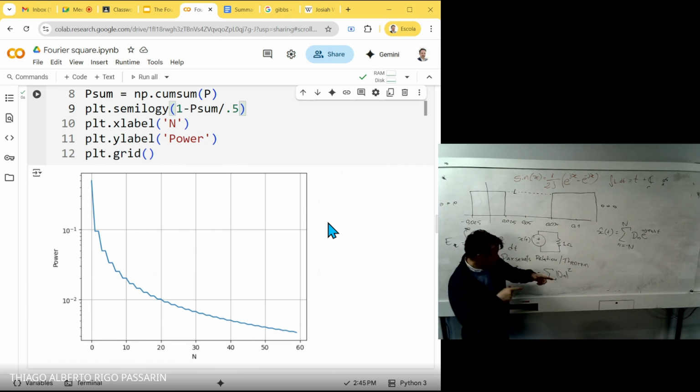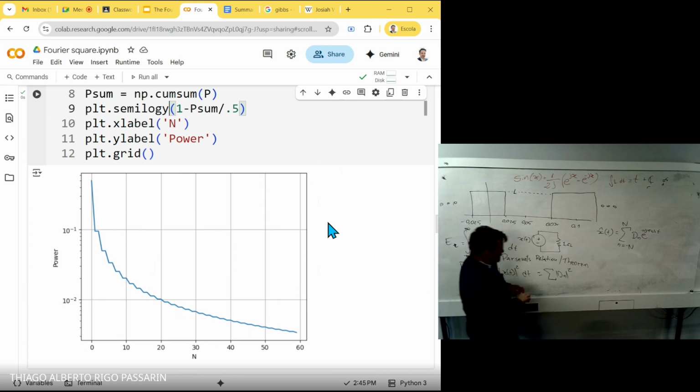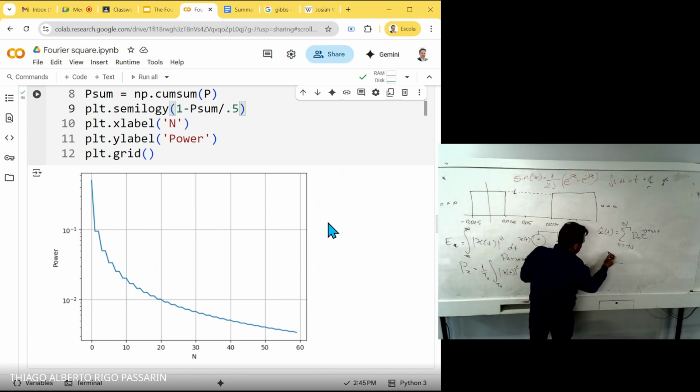You square each axis and you have the total squared, right? This squared plus this squared equals this squared.